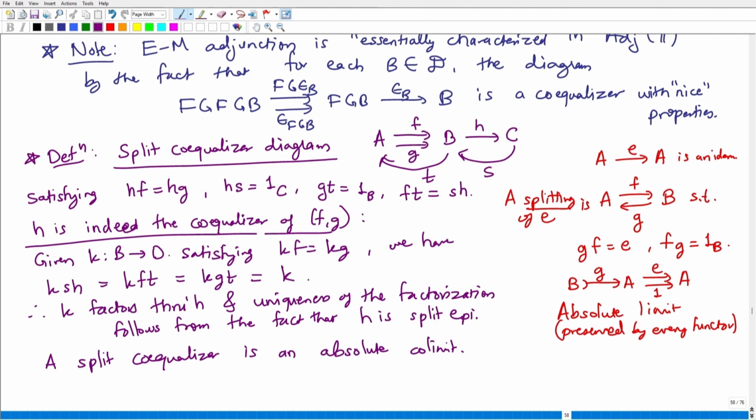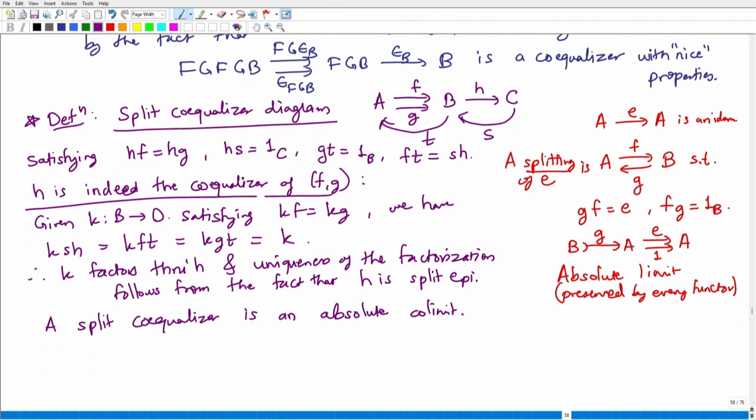Okay, so our discussion was motivated by this particular diagram. I'm going to claim that this diagram is indeed a split co-equalizer diagram. Let me write that diagram again. So FG, FGB, then FG epsilon B, epsilon sub FGB. While I am writing this, can you think of what the splitting should be?